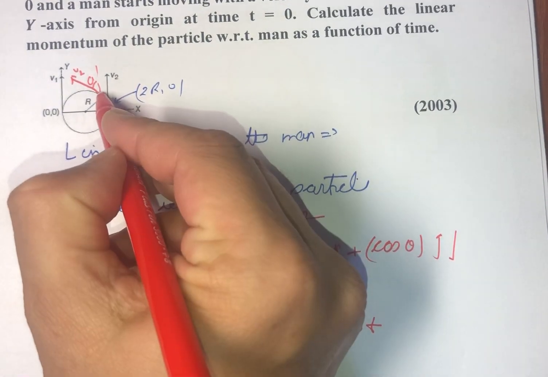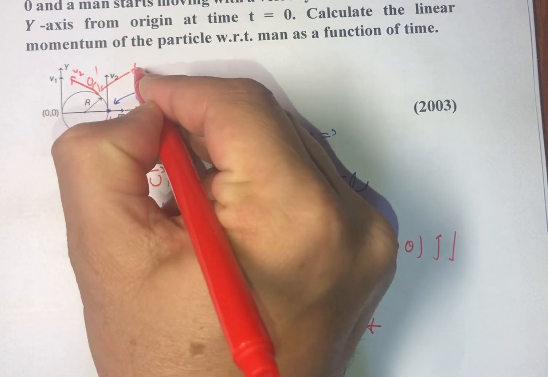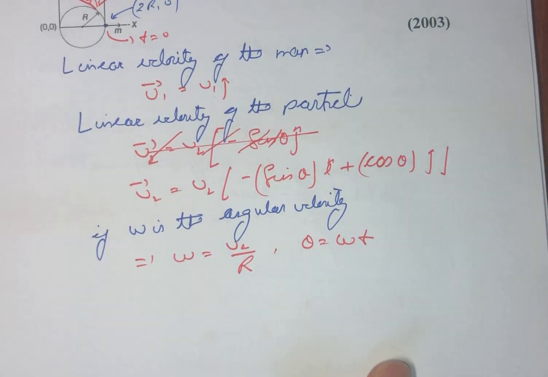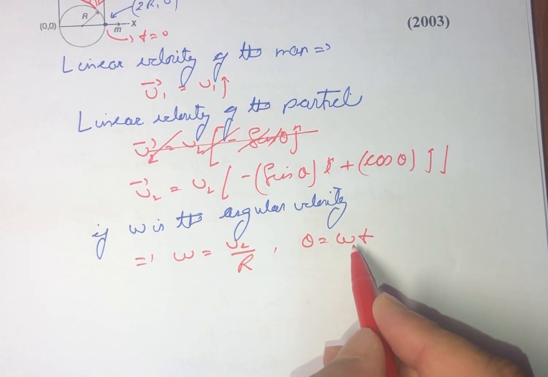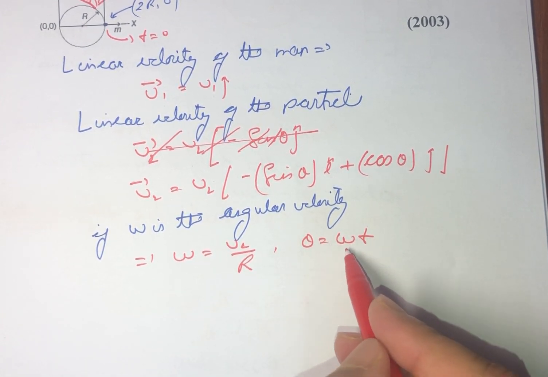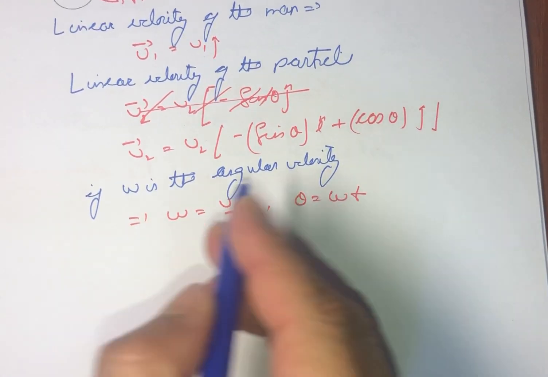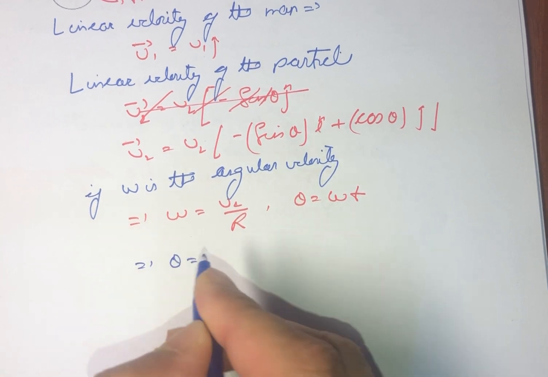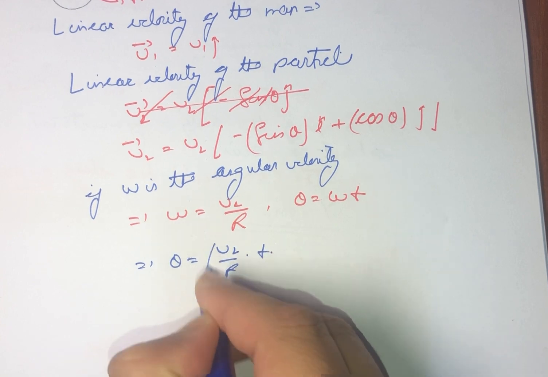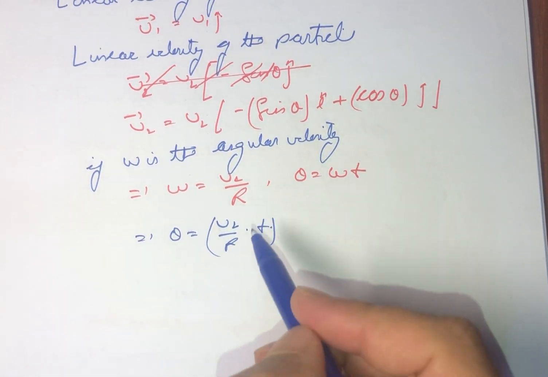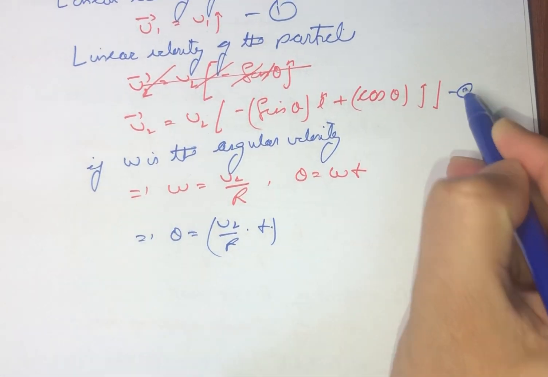Now here the time t is equal to 0, and here t is equal to t. So theta is equal to omega t. We substitute the value of omega as v2 upon r. Therefore we can write that our angular displacement theta is equal to v2 upon r multiplied by t. Let us call this equation 1 and this equation 2.